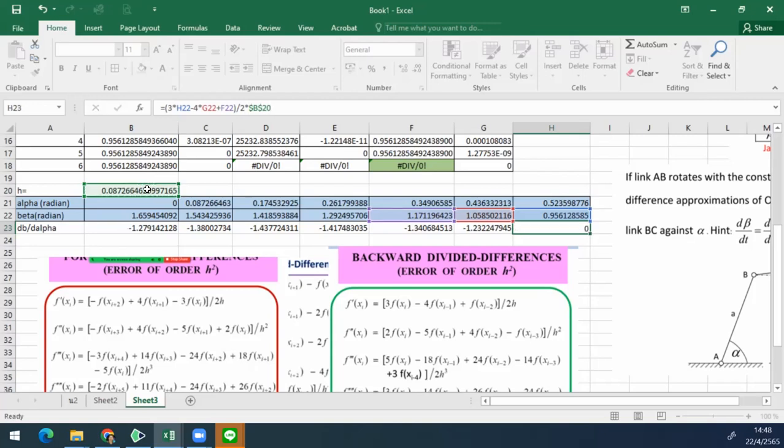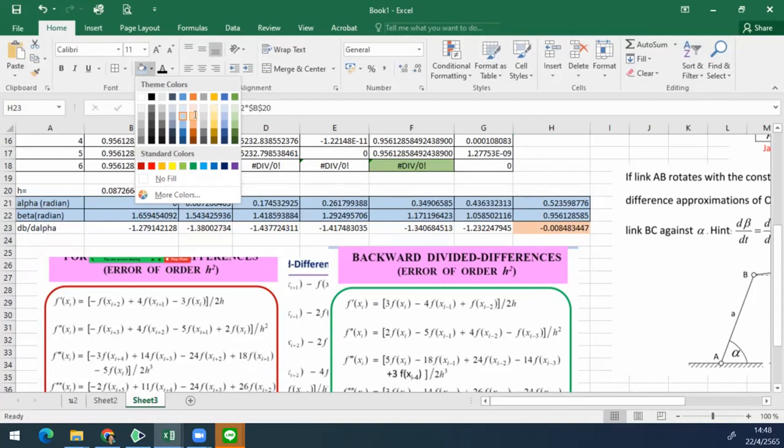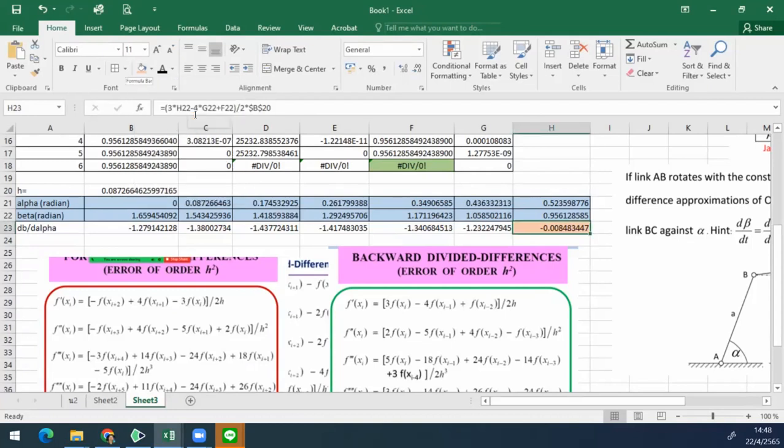So what do you think? Is this value correct or not? Checking the formula like this, it's not correct, right?